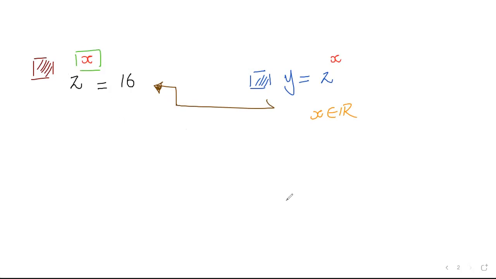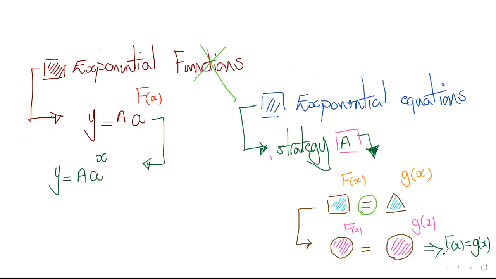Now, how to find it? We just go back to the previous slide. It said that if you have an exponential equation where the bases are different, one is a square and the other one is a triangle, we do whatever we can, being smart, to change them to have the same base.